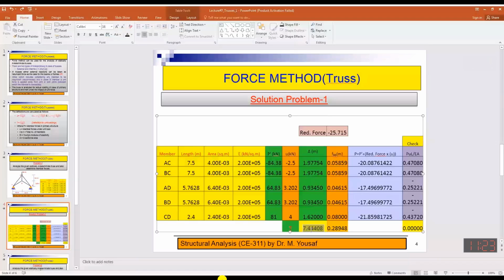Is it okay? Yes sir. So total deflection due to total deformation within all members of the truss due to applied loading, that is 7.4. Similarly, due to applied unit load, that is 0.289. ठीक है, summation ये आएगा.